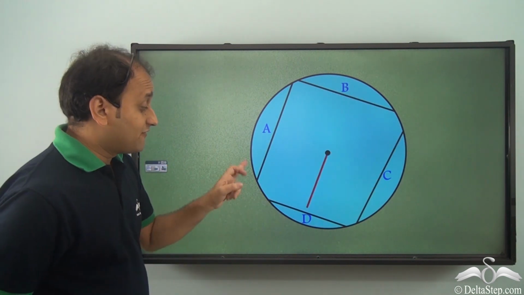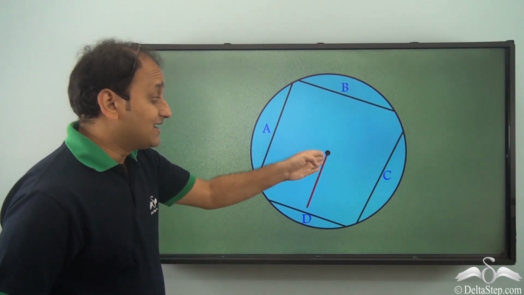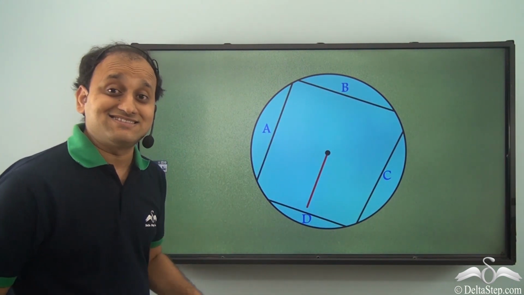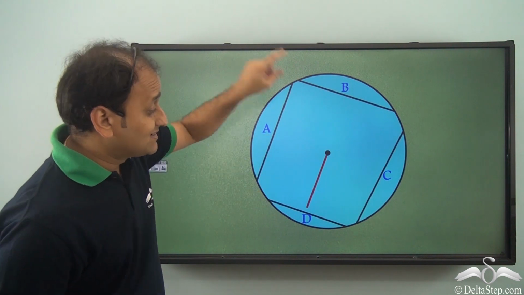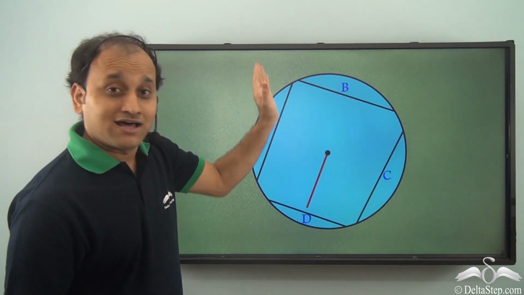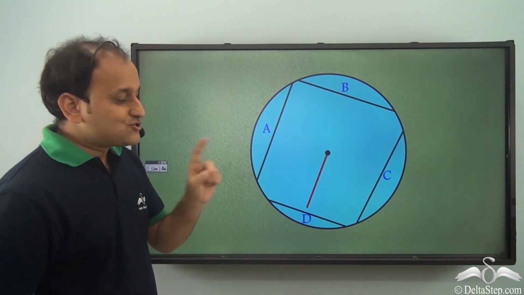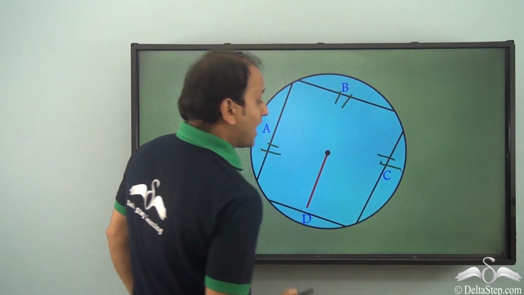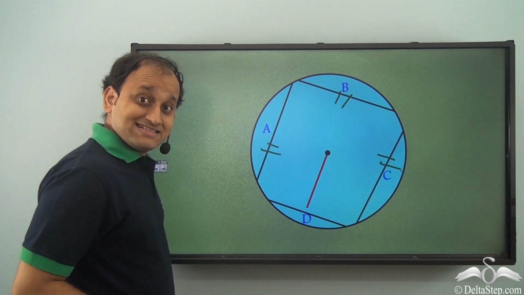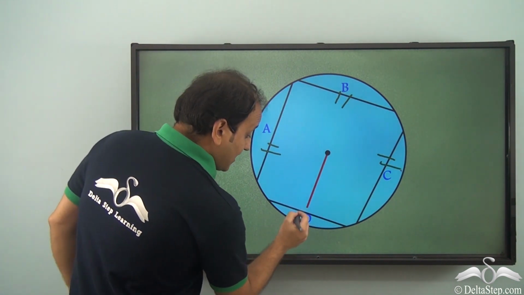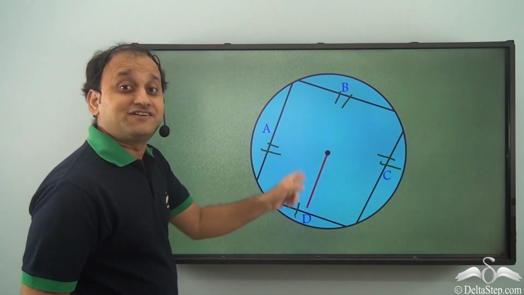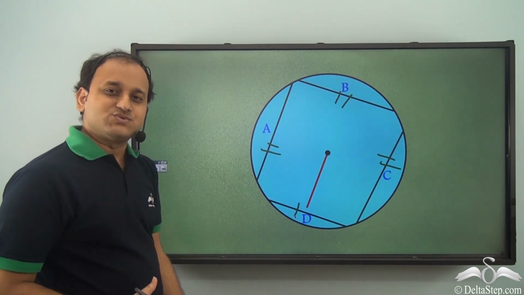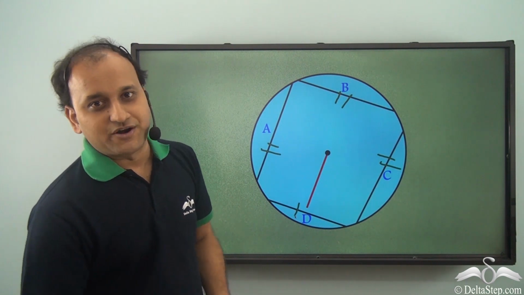Now in the case of garden D, it is not of equal distance. That is, its distance is not the same as the distance of island and other three gardens. So we can say that equal chords here are equidistant from the center, while unequal chord has a different distance from the center. And that is why the gardener faced this particular problem.